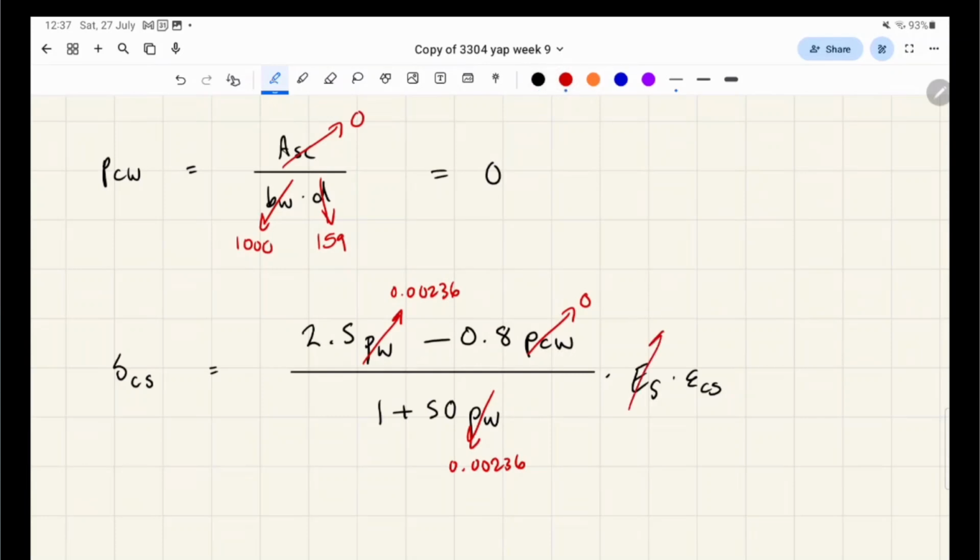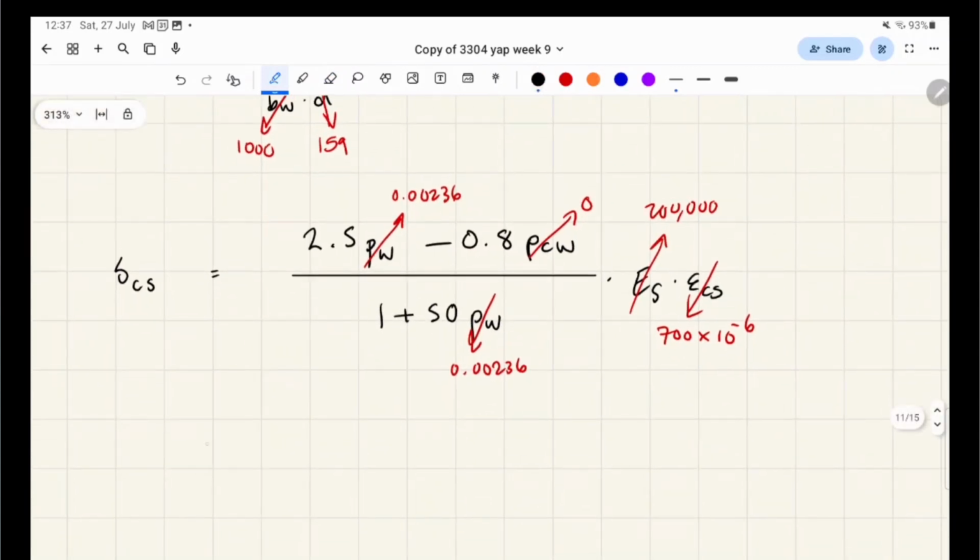And ES is the elastic modulus of the steel. This was actually given in the question. I'm not going to scroll up, but it's just written there. It said 700 micro, 10 to the minus 6 basically. And that gives us this.